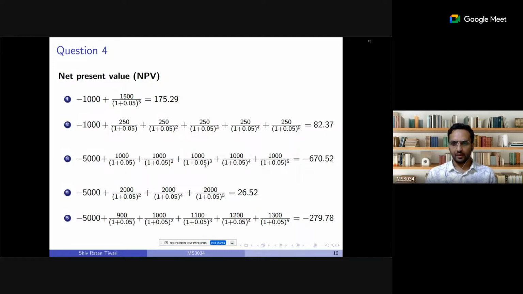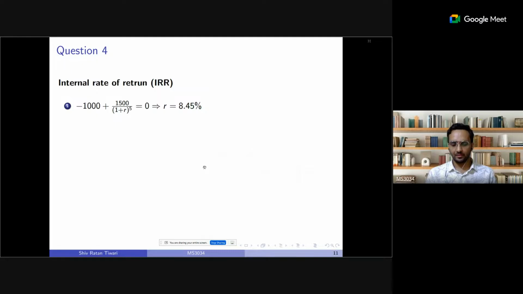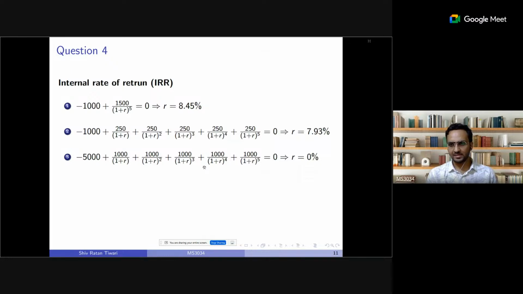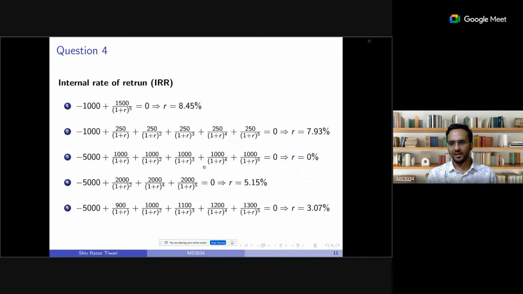And for the internal rate of return, I have used Microsoft Excel's IRR formula, and we compute the IRR for all the projects. We find that the IRR for the first project is the highest, and according to the IRR budgeting rule, again we select the first project only.